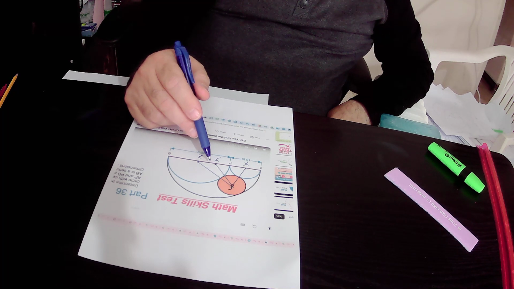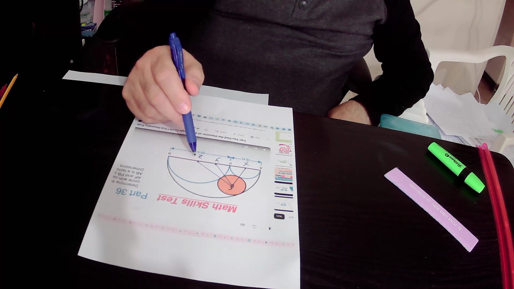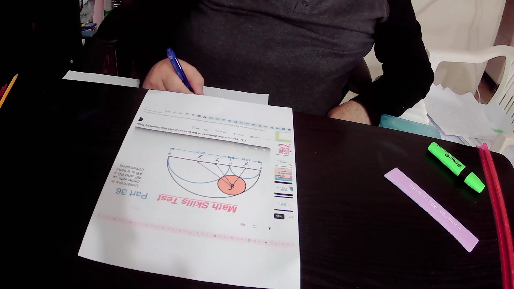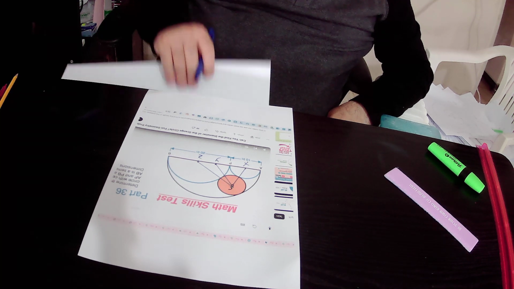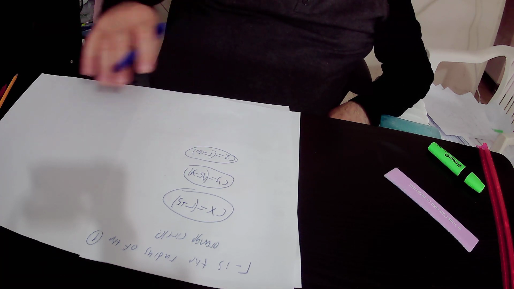In this case, it will be equal to the radius of the orange circle, that is r, plus the radius of this semicircle, that is 10. That is to say, line segment CZ equals r plus 10.